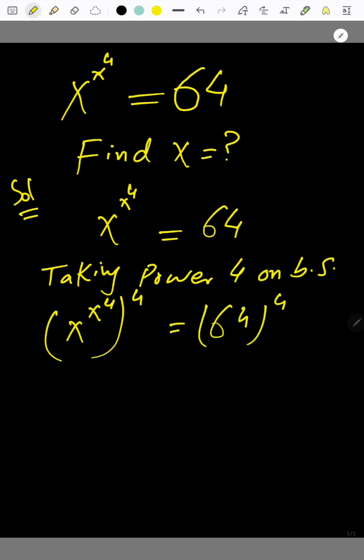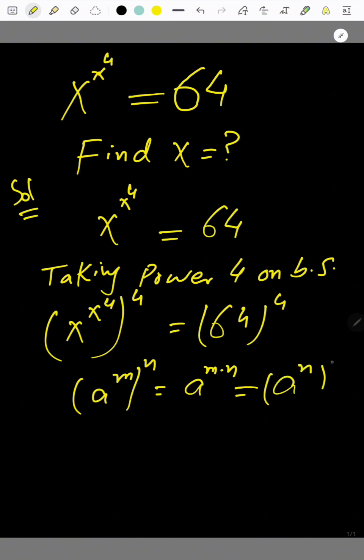Now we have a very interesting formula. We know that a raised to power m whole raised to power n can be written as a raised to power m into n, and it can again be written as a raised to power n whole raised to power m. So we can interchange these two powers. We can easily interchange these two powers.